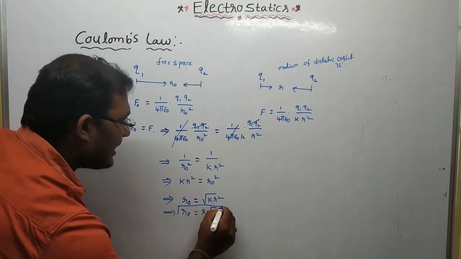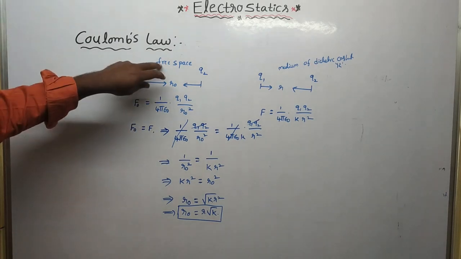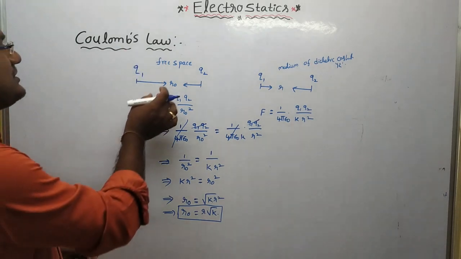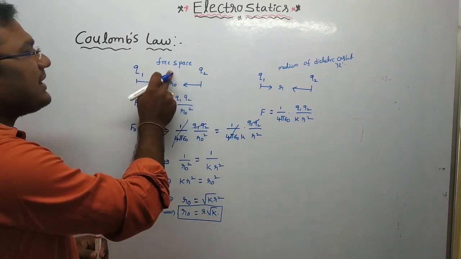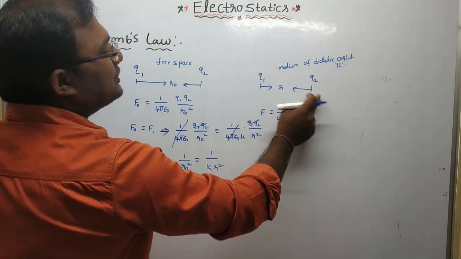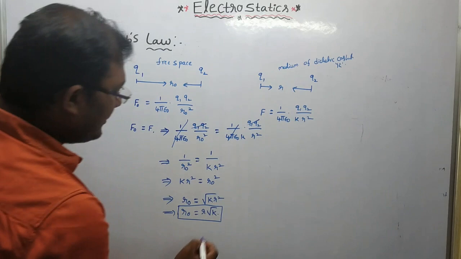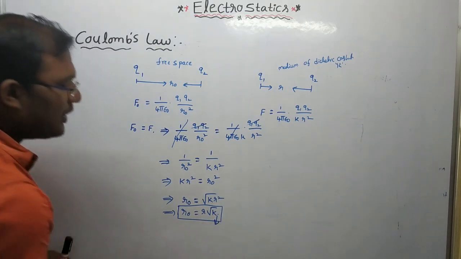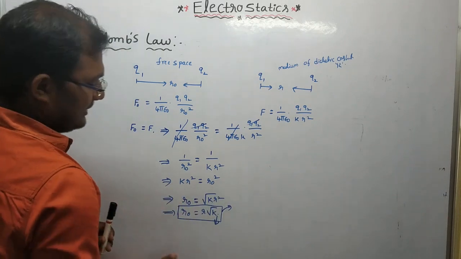This is the effective distance in free space for which the force between Q1 and Q2 in free space is equal to the force between Q1 and Q2 placed in a medium of dielectric constant K, which is the most important formula we use for solving numericals.